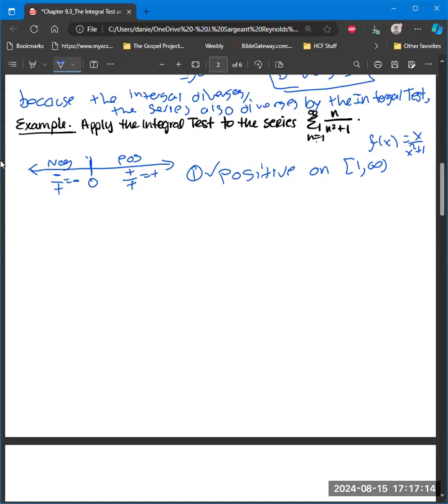Let's find continuous. So no discontinuities for f of x equals x over x squared plus 1.